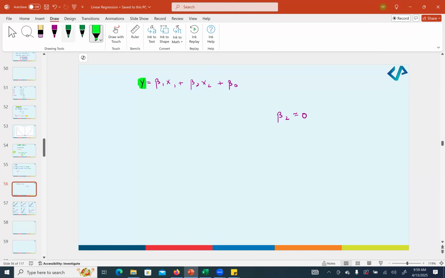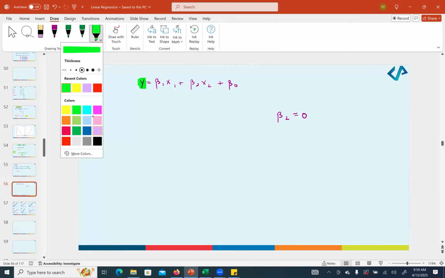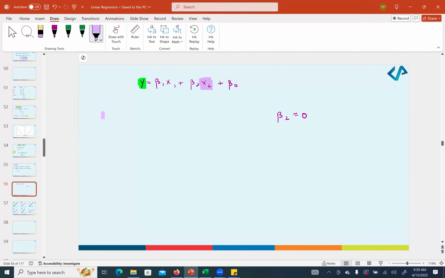So it means that x2 is a useless variable. I need not add it into my modeling, because whatever the value of x2, this whole thing will become close to 0 if b2 is 0. So I need not have x2 in my model.